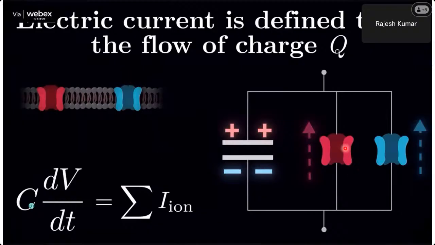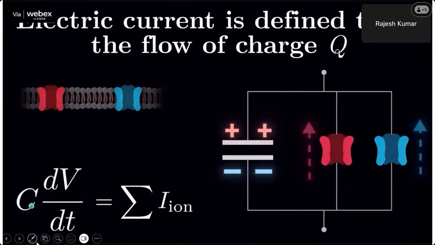So that means there is a current flow. Current flows through these two ions, because we know that if charge flows, then that is equivalent to an electric current. So the charge flows through the red one, the charge flows through the blue one, and the sum of these charges has to be equal to this one, this voltage here.